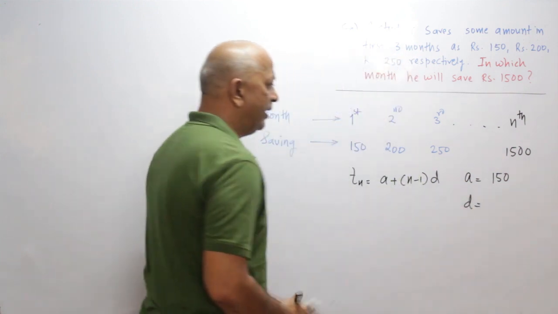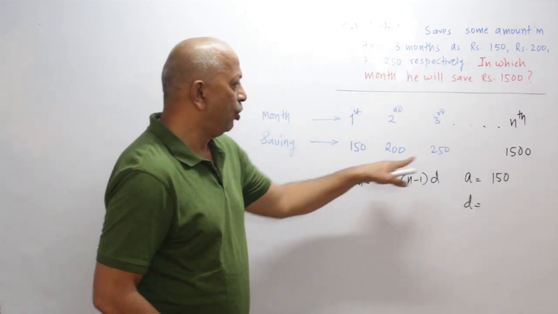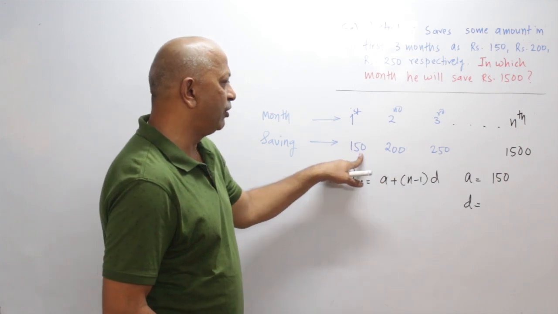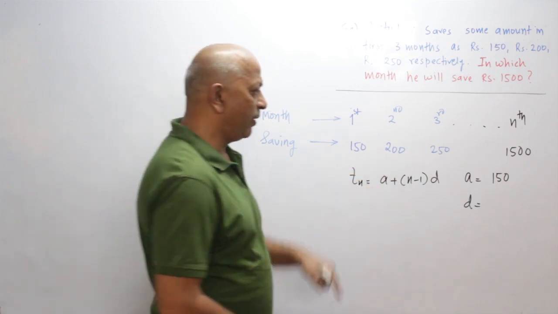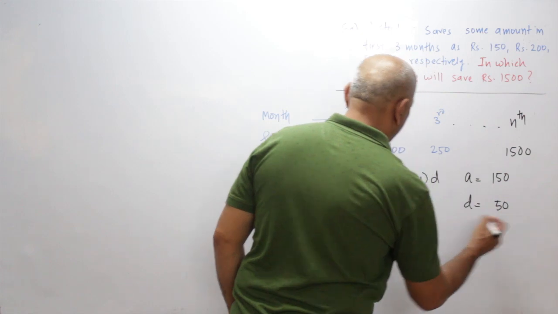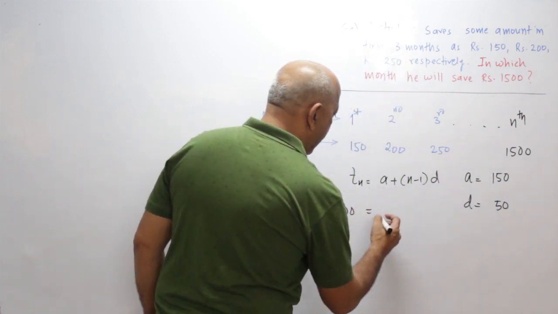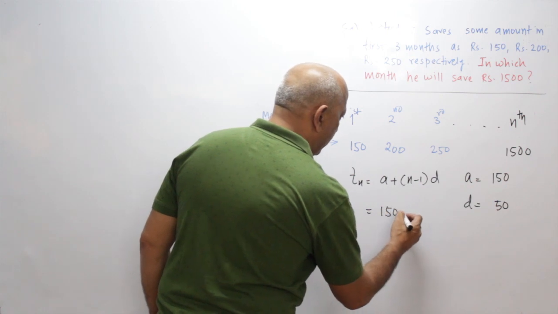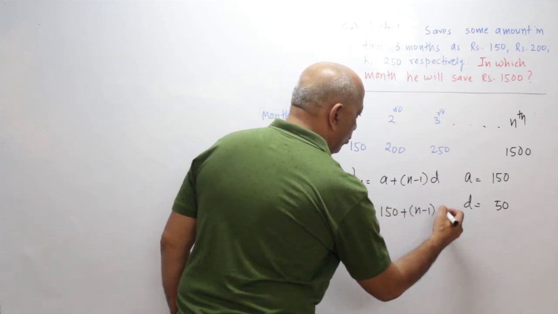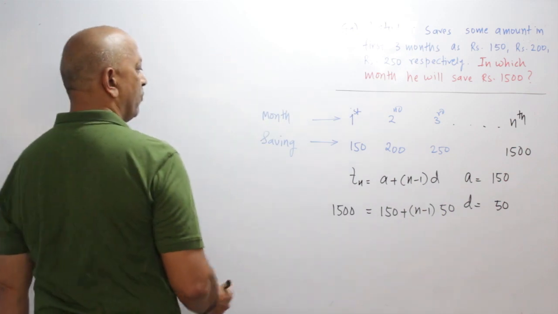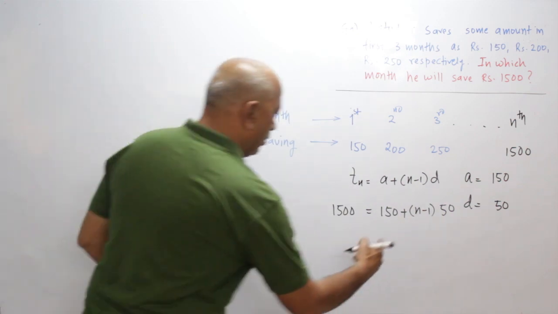Common difference d is the next term minus the initial term: 250 minus 200, 200 minus 150. So it's positive 50. So we can use this: 1500 is equal to a, which is 150, plus n minus 1 into d, which is 50. So I can solve it here.